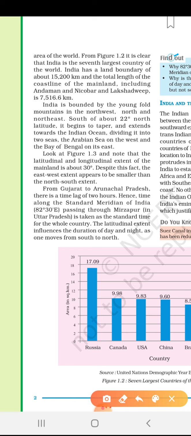Before that, India was a large island connected with the Australian coast, and then we broke apart and moved towards the northeast direction.